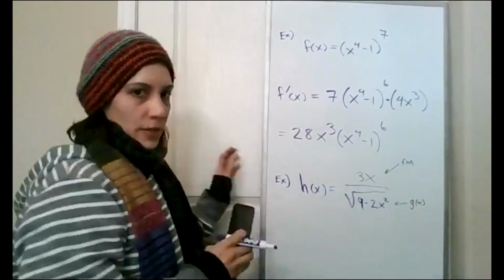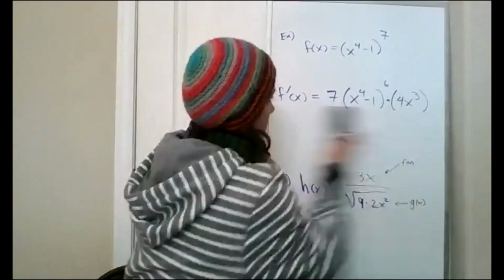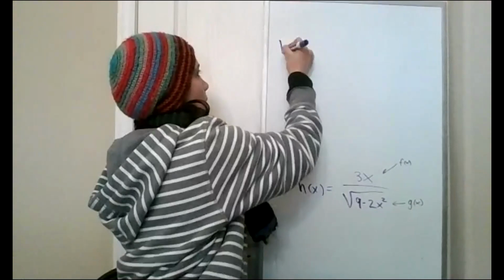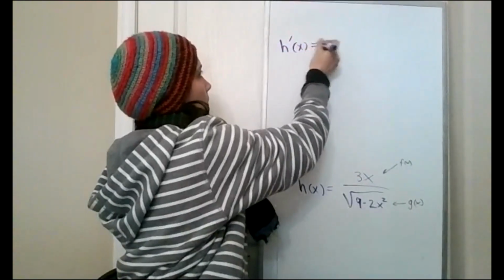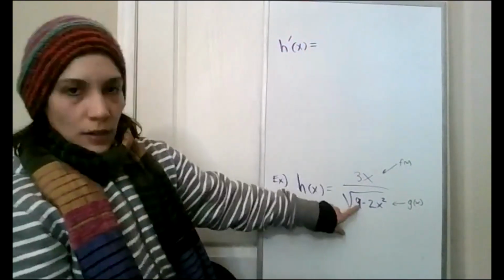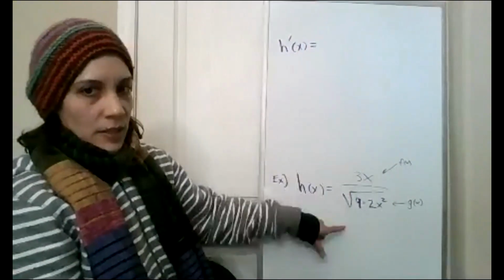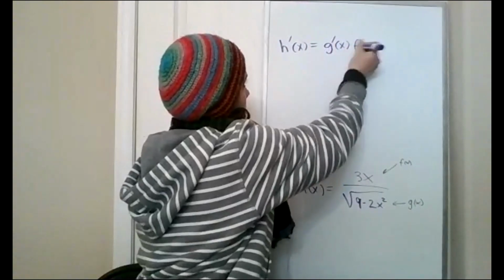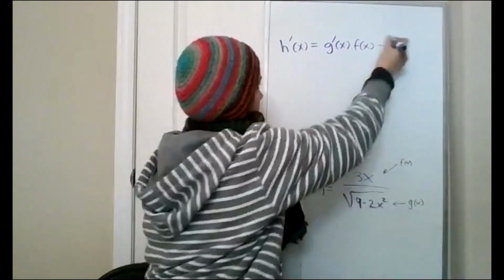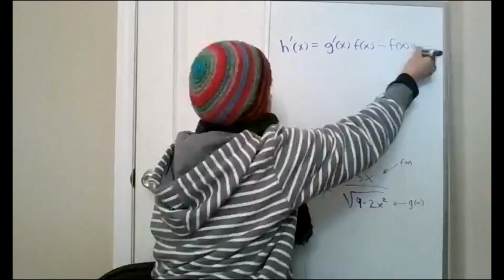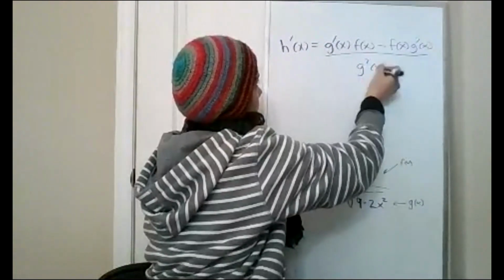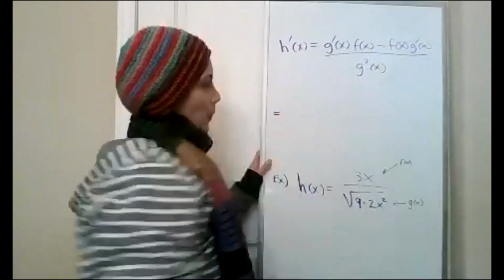Okay, take the derivative of h with respect to x. Okay. Low d high, derivative of the bottom times the top, minus high d low, over the bottom squared. Ooh, this might take a minute.